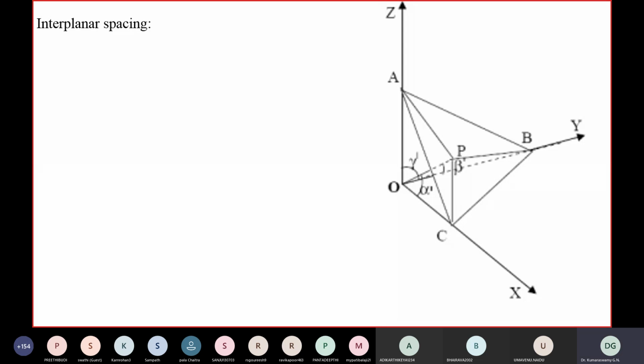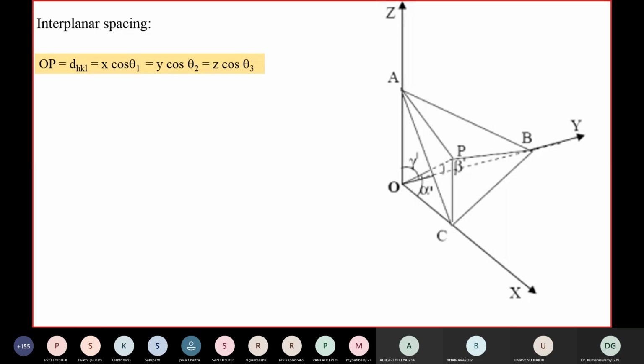So we can represent OP as the distance between two planes, one plane at the origin and the plane we have taken. We represent it as d_hkl = x cos theta 1 = y cos theta 2 = z cos theta 3. Do you agree? Any doubt?